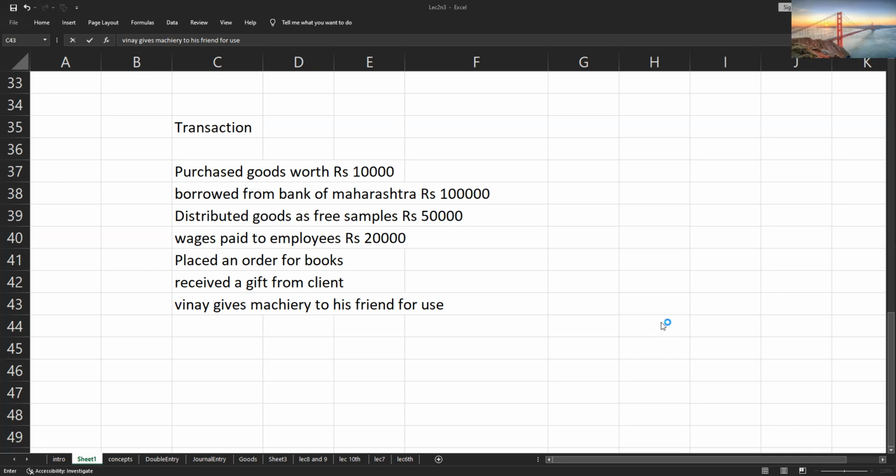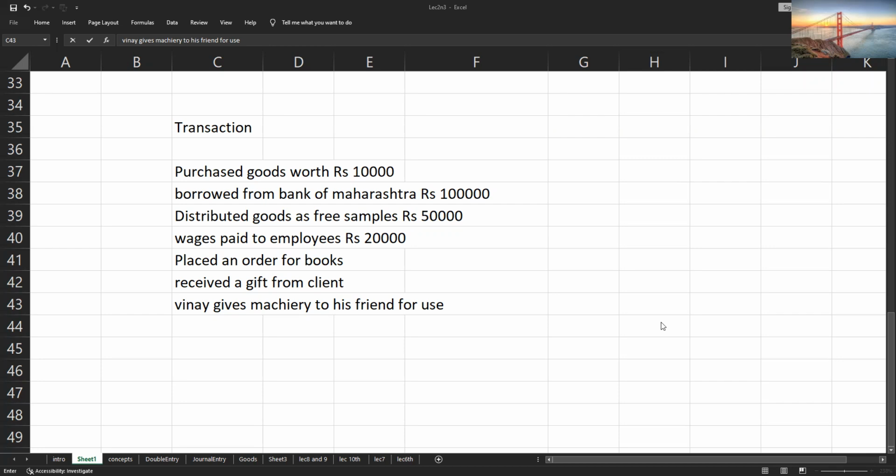Let's understand this. There are a few statements in front of you. The first one is purchase goods worth rupees 10,000. It means goods are purchased for rupees 10,000, so there will be a transfer of goods, and it is in monetary terms for rupees 10,000. So it is a monetary transaction.